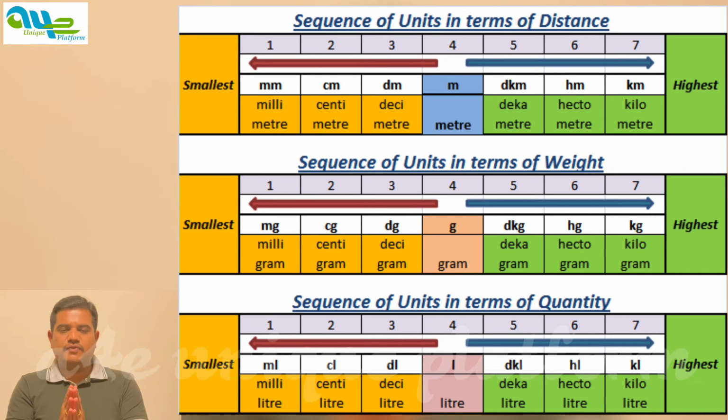In the same way, for weight it starts from milligrams, grams, until kilograms. The same applies to liters, starting from milliliter, liter, and kiloliter. The same 7 sequence of units applies to all different units of measurements in the metric system.